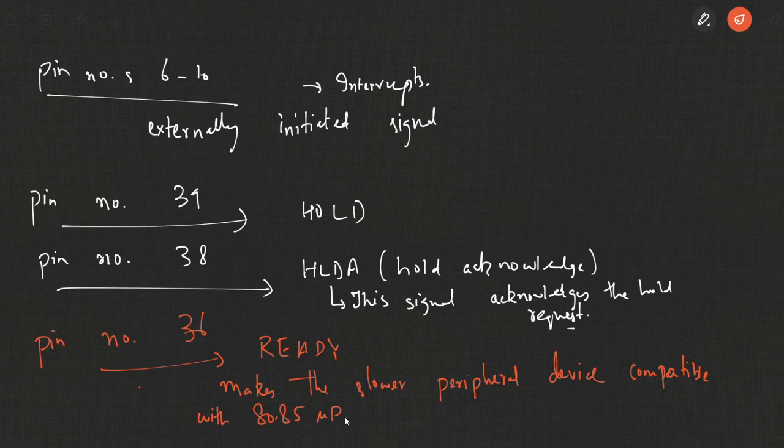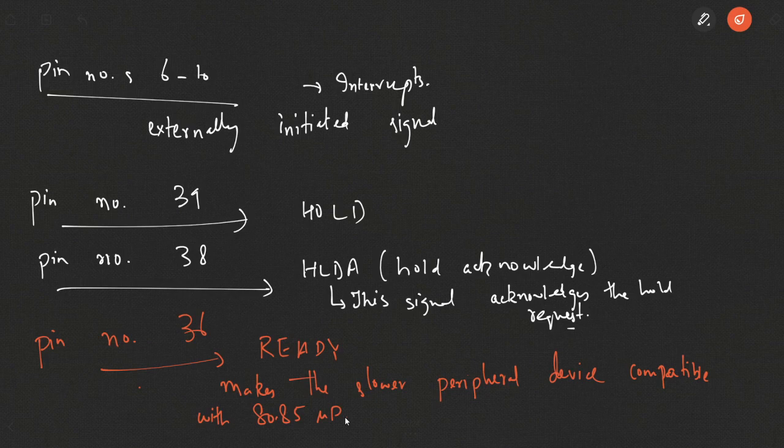Normally, if the signal is zero, that means the microprocessor is not ready yet. It will have to wait until the ready pin becomes equal to 1. If it is high, that means your outer device is now ready for execution and is compatible with your microprocessor. You can have a slower peripheral device attached to the microprocessor, because of its slower processing compared to 8085, the microprocessor will have to wait for it.